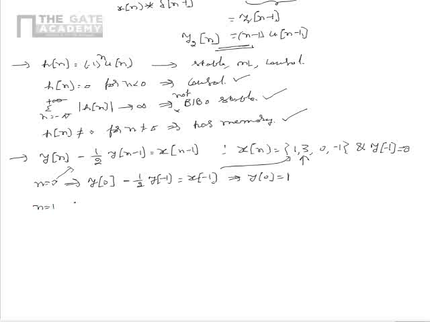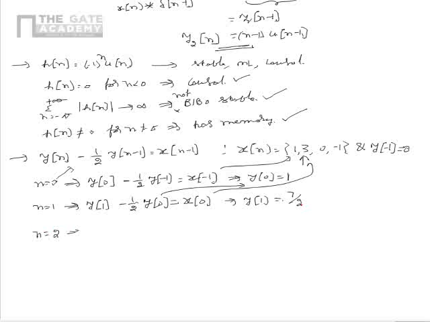Similarly, upon substituting n equal to 1 in the LCCDE, we see that y of 1 minus half y of 0 is equal to x of 0. But we know that x of 0 is 3 and y of 0 is 1. From this, we see that y of 1 is equal to 3 plus 1 by 2, that is 7 by 2.